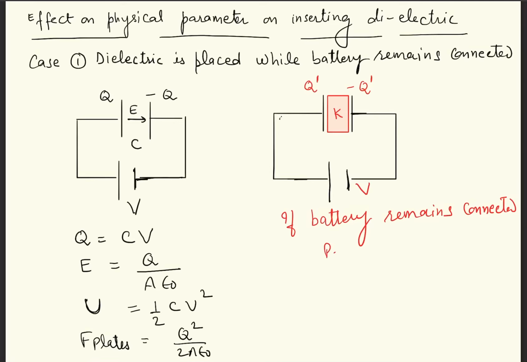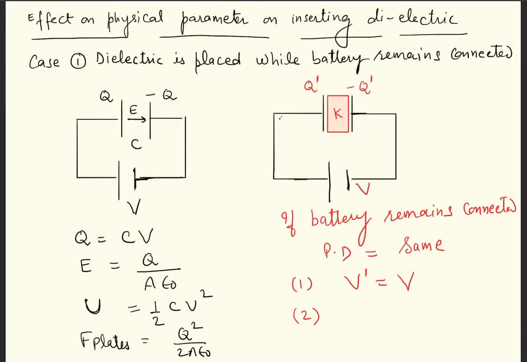So from here we get our first parameter, that V dash, new potential difference, will be same as old potential difference. Second thing, we know that capacitance of a capacitor is independent of potential difference. It depends only on geometry and medium between the plates.